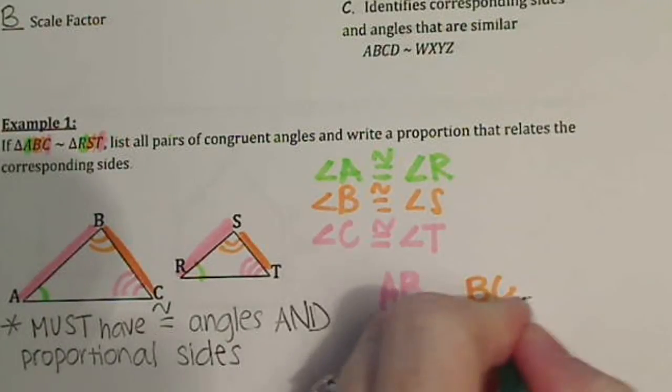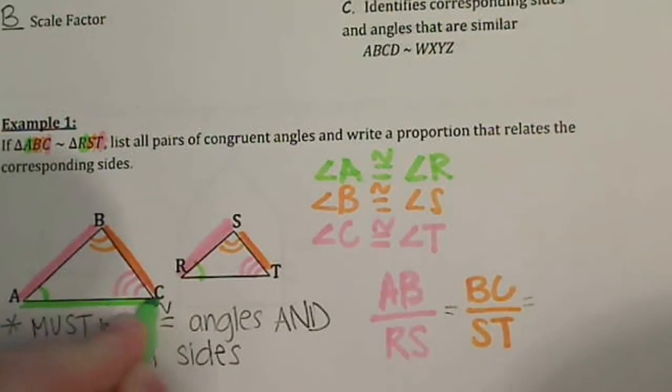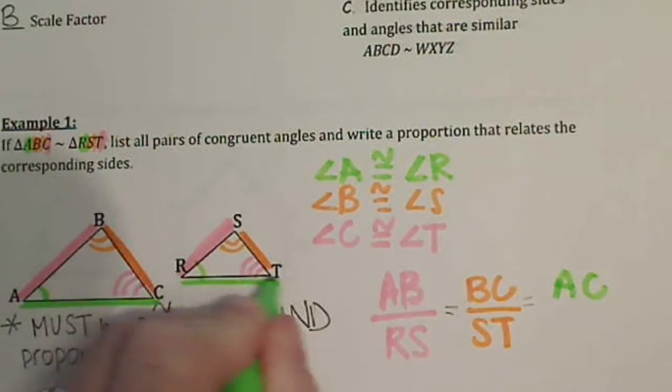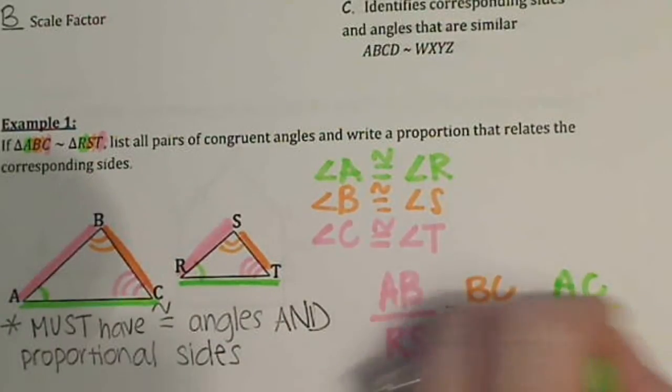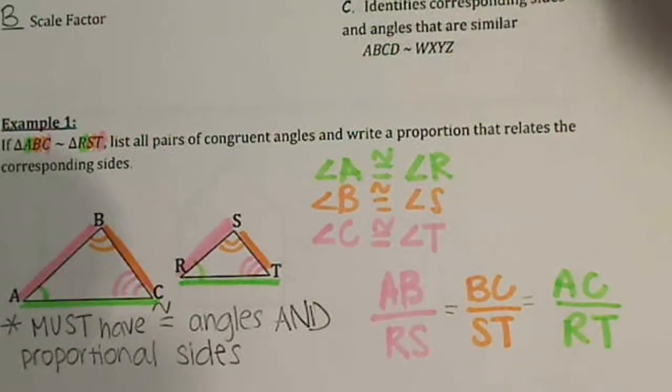That also has to be proportional to our last side, which is down here at the bottom, AC and RT. All of those have to be proportional for these triangles to be similar.